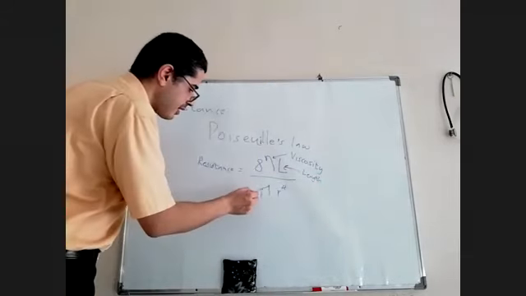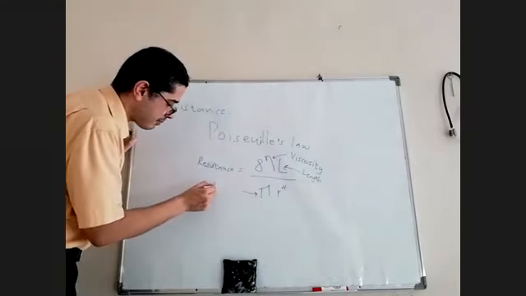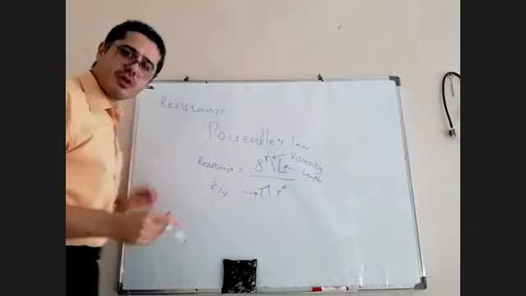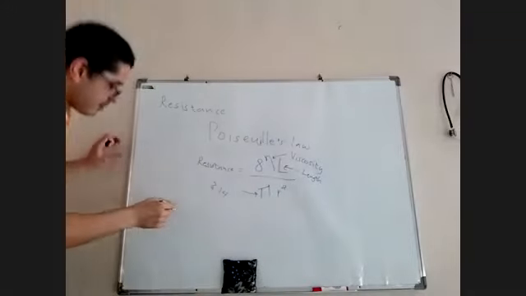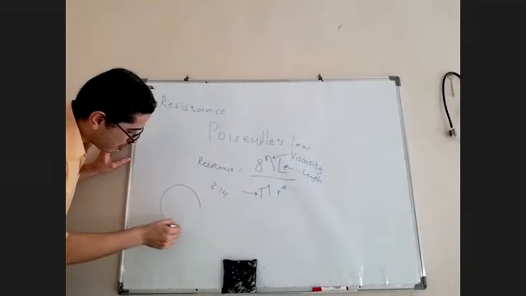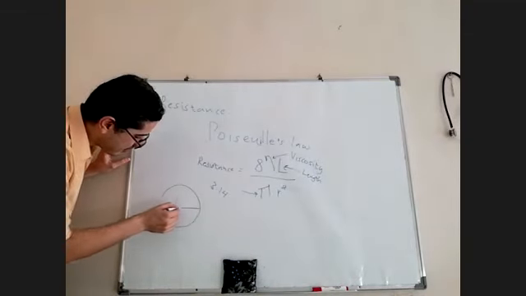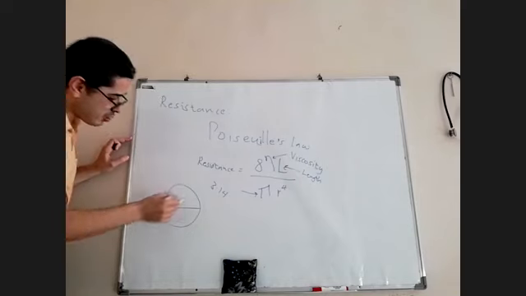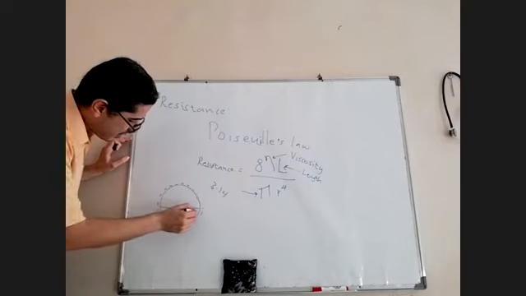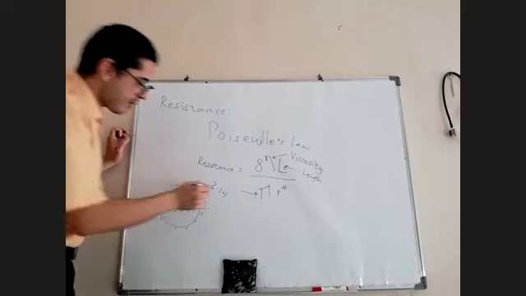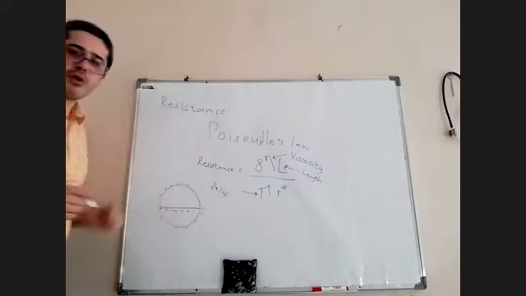Pi is 3.14. If you go with your memory back to the maths, it is the ratio between the circumference and the diameter. It is fixed, 3.14.